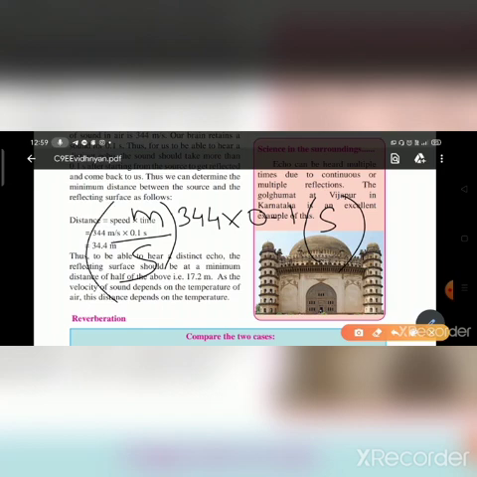Why is it cancelling out? Here it is in the denominator, so this one and this one get cancelled out, and whereas it is 0.1, while calculating it will just shift its decimal point by one place and it will be 34.4 meters. Okay, only the meter unit remains.